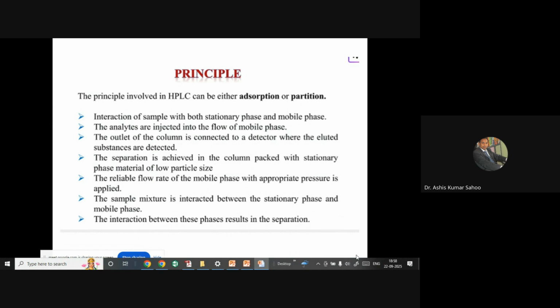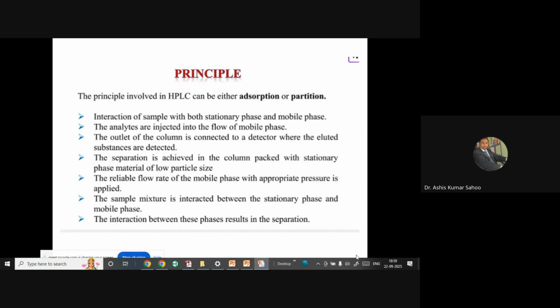The analyte is injected into the flow of mobile phase. The outlet of the column is connected to a detector where the eluting substances are detected. The separation is achieved in a column packed with stationary phase material of low particle size. A reliable flow rate of mobile phase with appropriate pressure is applied. The sample mixture interacts between the stationary phase and the mobile phase, and this interaction results in separation.